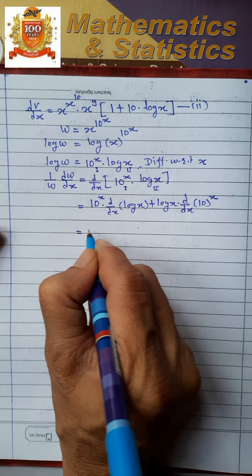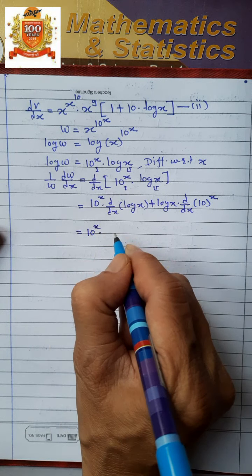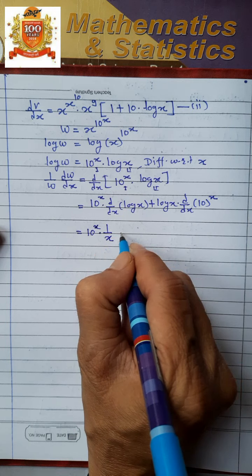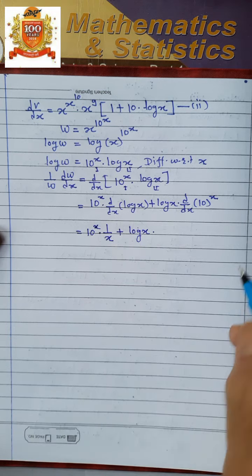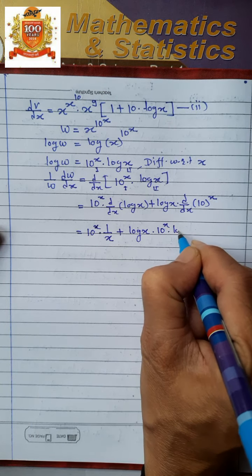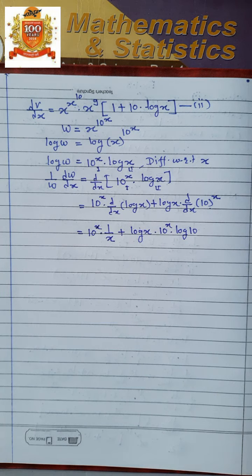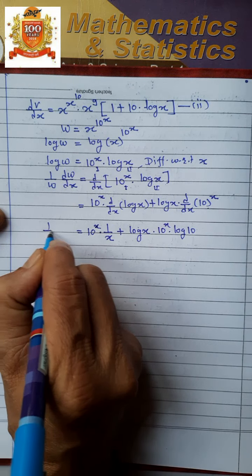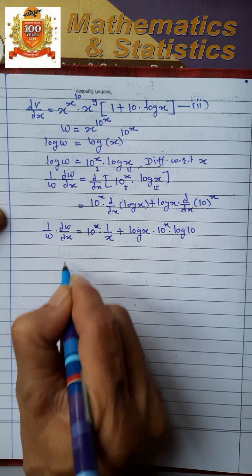Which is equal to 10 raised to power x into 1 upon x plus log of x into 10 raised to power x into log of 10, derivative of this. One upon w into dw by dx.